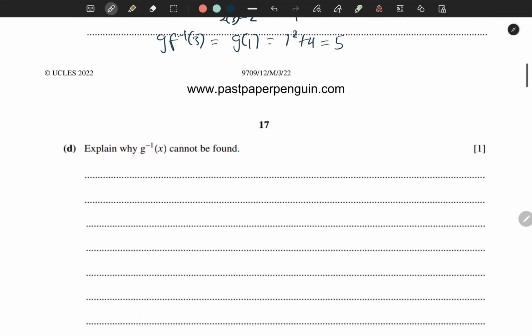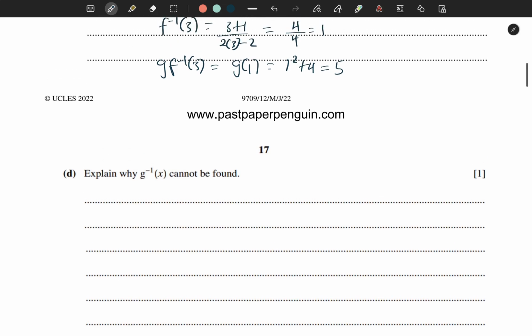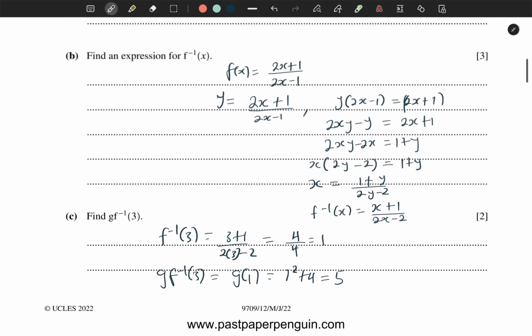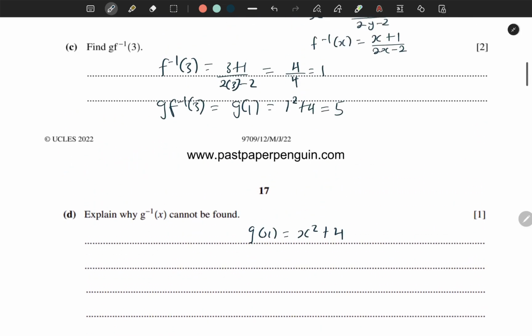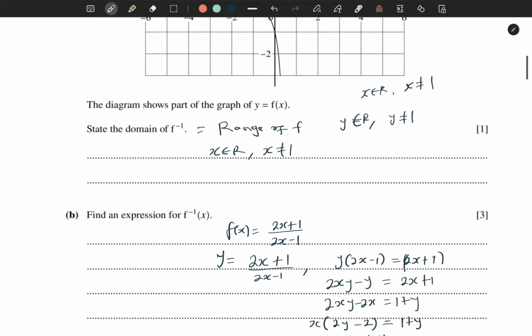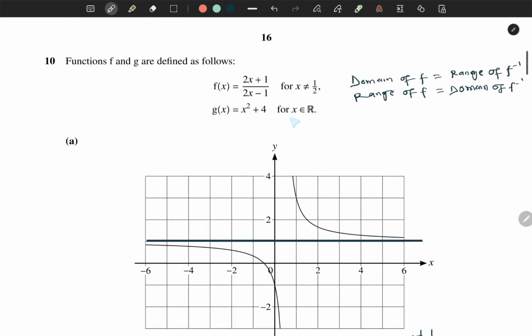Then part d: explain why g inverse of x cannot be found. What's g of x again? We have g of x to be x squared plus 4. Do we have a domain for g of x? What's the domain of g of x? The set of real numbers.